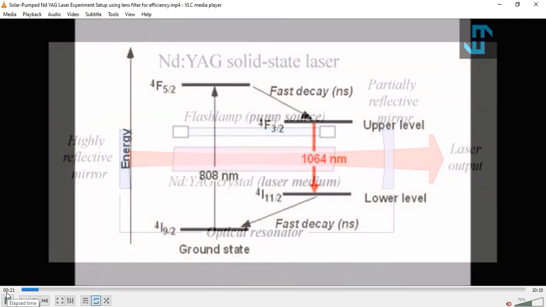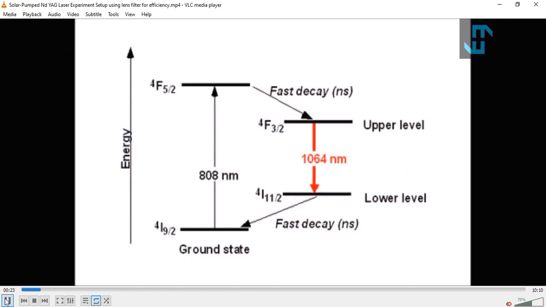The setup of the laser is essentially that at the ground state we have... Neodymium YAG is a garnet crystal, and it contains states of atoms that have to be pumped using a pump laser or a flash lamp source at 808 nanometers, and there's a fast decay to an upper level and a relatively slower decay to a lower level.